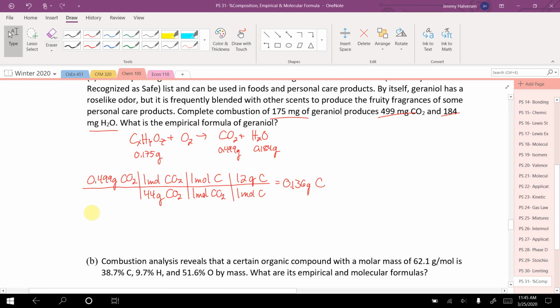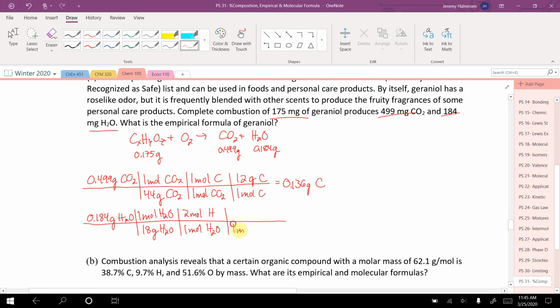Well, let's try hydrogen. I know my water is 0.184 grams of water. I can get that into moles. Now, based on my formula for water, 1 mole of water has 2 moles of hydrogen atoms in it.